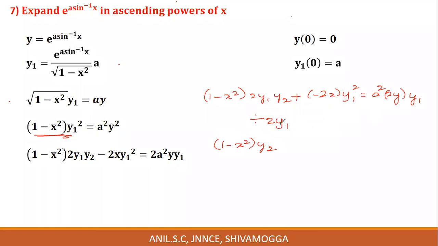The 2y1 will get cancelled, and minus x into 2y1 will get cancelled with 2y1, and we are left with y1. This is equal to a square into y. So, 1 minus x square into y2 minus xy1 is equal to a square into y.